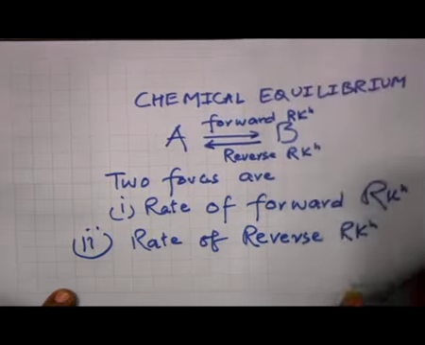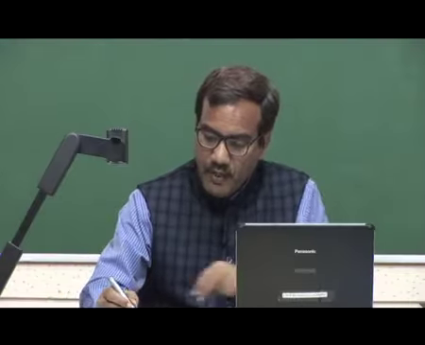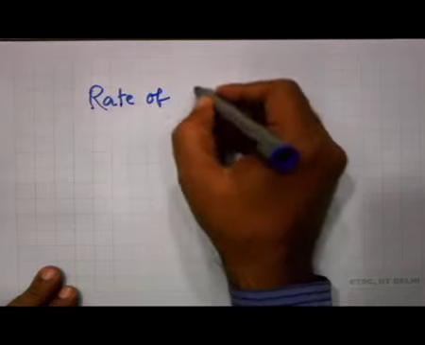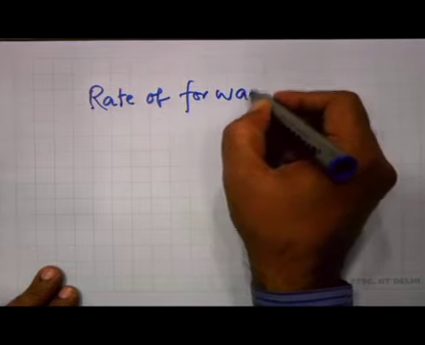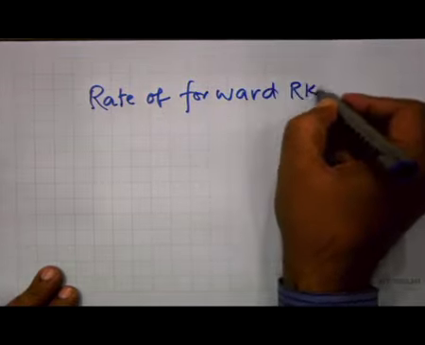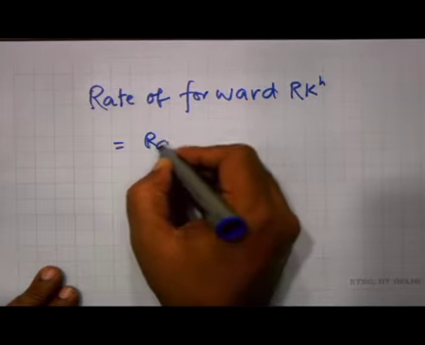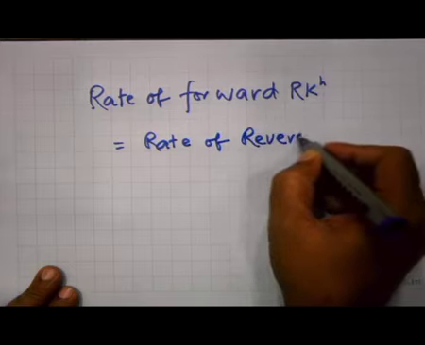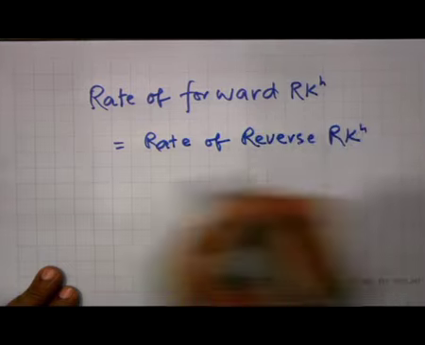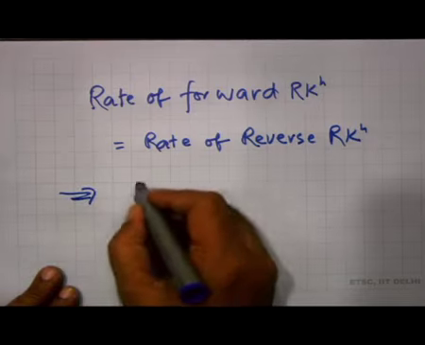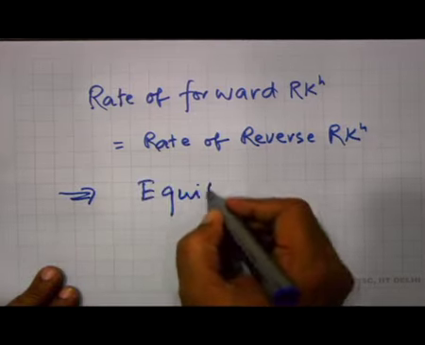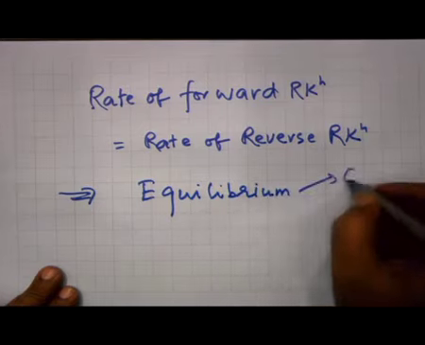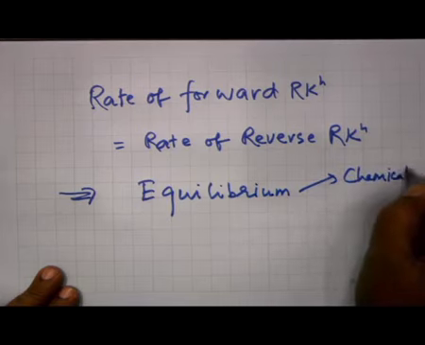As in case of other equilibrium, when the rate of forward reaction is equal to the rate of reverse reaction, we have the condition called equilibrium, chemical equilibrium or physical equilibrium.